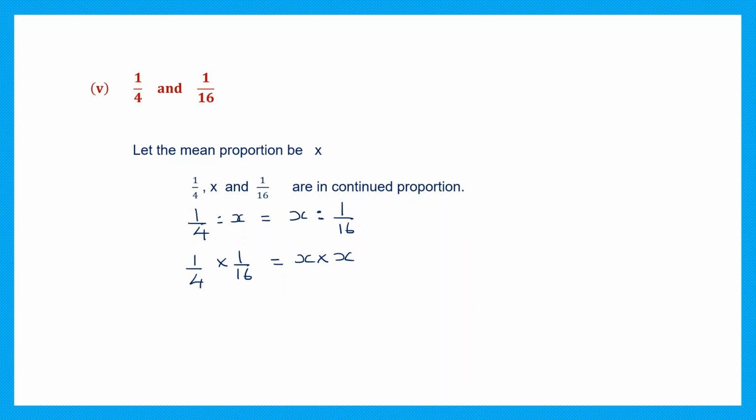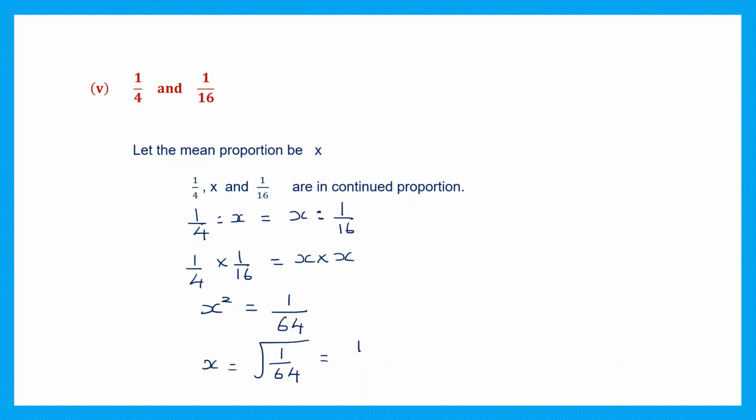That means x square equals 1 into 1 is 1, 4 into 16 is 64. Therefore, x is equal to the square root of 1 by 64. The square root of 1 is 1 because 1 into 1 will give you 1.